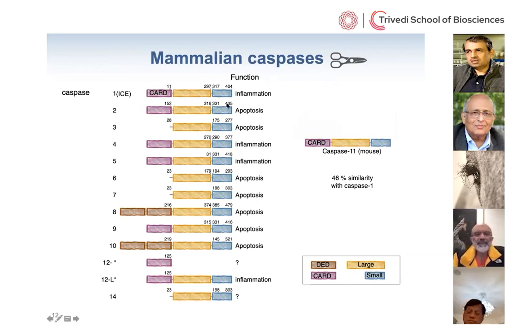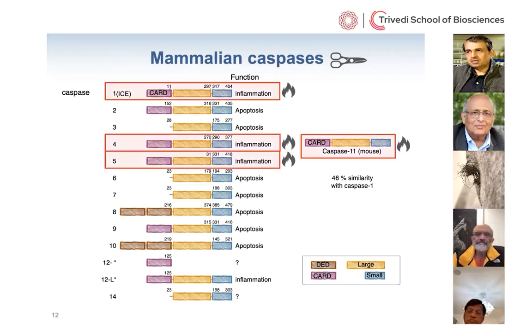We discussed that caspase 1 is involved in inflammation, and we talked about how caspase 8 is involved in cell death, caspase 3 is involved in cell death or apoptosis, caspase 7 is involved in cell death. So many of these function as death proteases, but we were struck by caspase 4 and 5 in humans, which is represented by a single caspase, caspase 11, in the mouse, because these had sequence homology to caspase 1, the inflammatory caspase, and we wondered whether it had a similar function in inflammation.